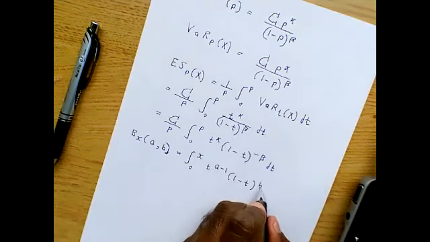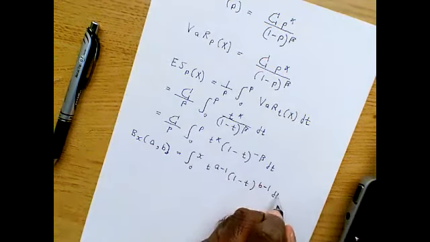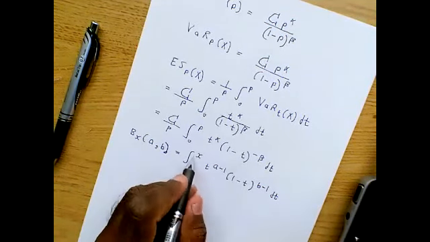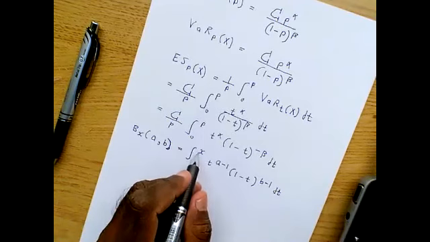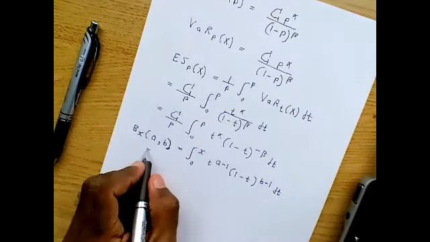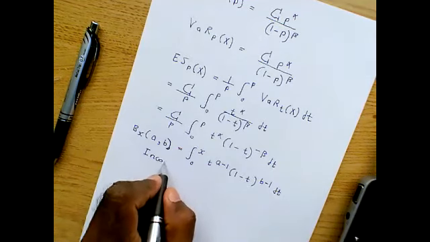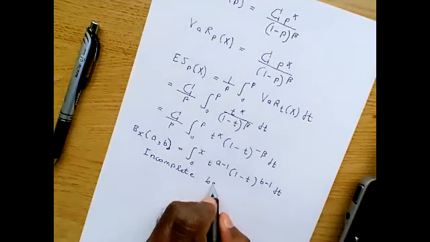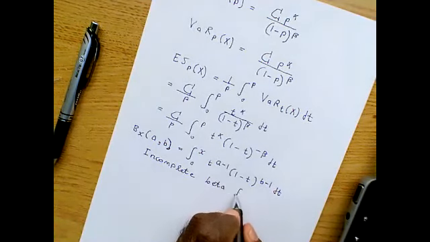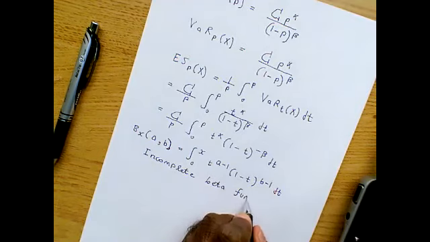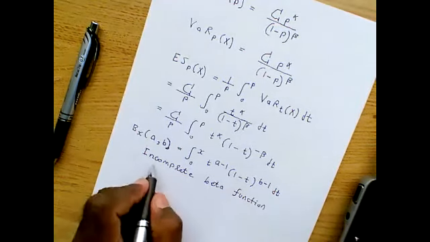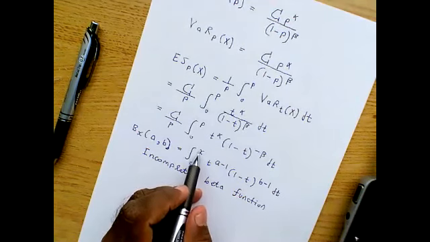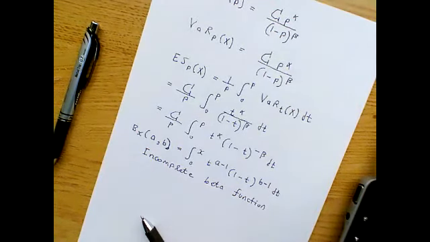The difference here is that instead of integrating from 0 to 1, we integrate from 0 to a fixed number x, and this function is known as the incomplete beta function. The incomplete refers to the upper limit. Instead of it being 1, it is a fixed number x, which is a number between 0 and 1.